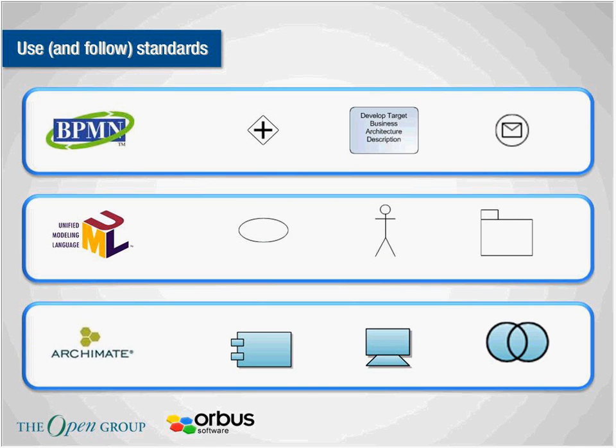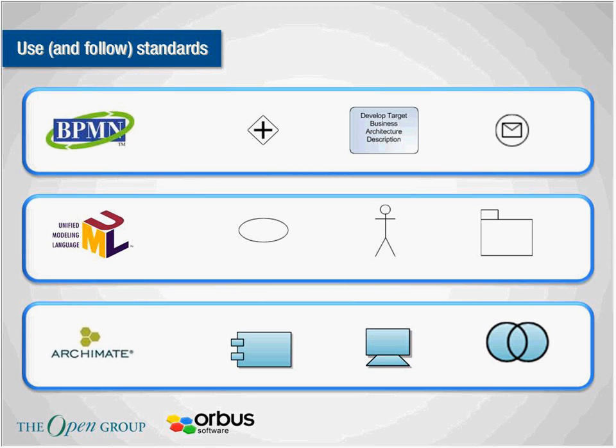And as for BPMN, I will say there are plenty of good notations out there. Use them. There's a lot of thought behind each of these standards. I've heard people question that, but it is true.